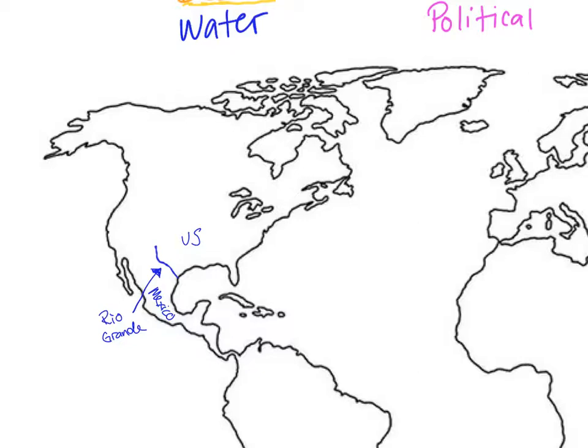Which lakes in the U.S. separate us? The Great Lakes, right? The Great Lakes are going to separate us and Canada, right? We have Canada up here in the U.S., obviously where we are, but the Great Lakes are going to separate there. Great Lakes, yeah.